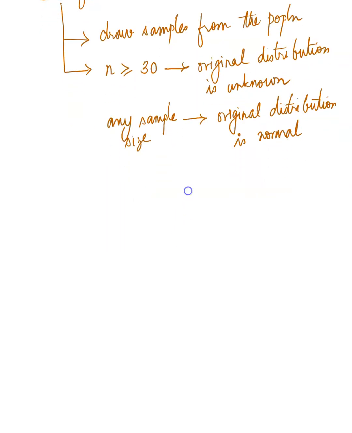So we can kind of see two cases, right? One when it's unknown and when it is normal. So unknown distribution.